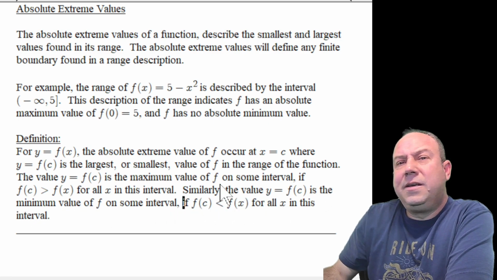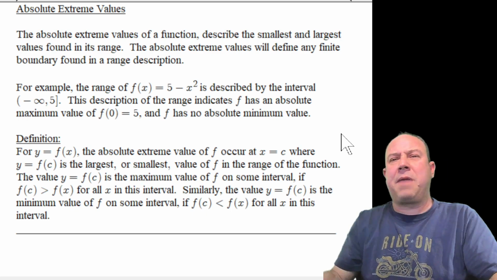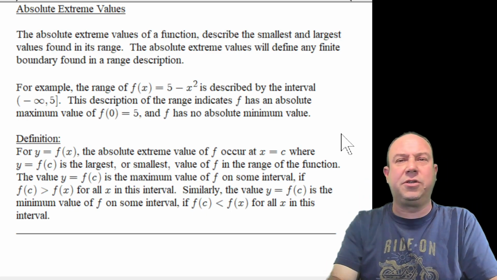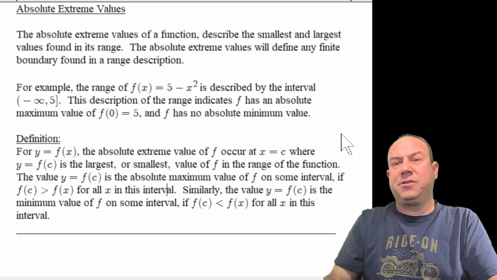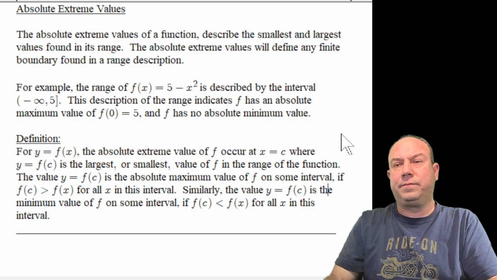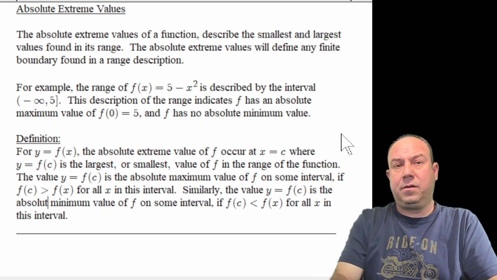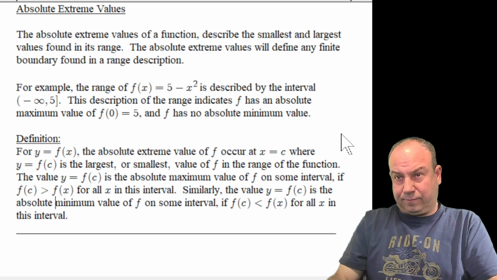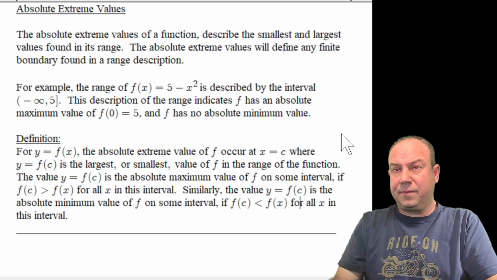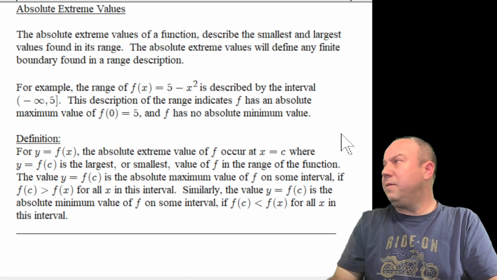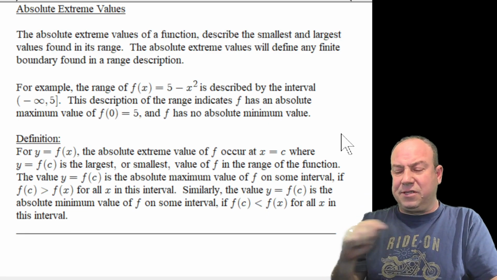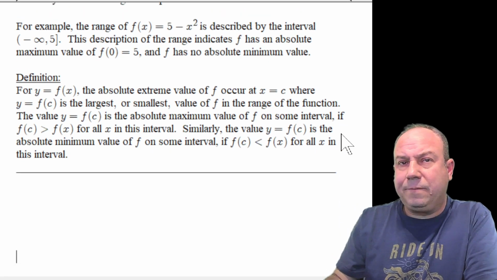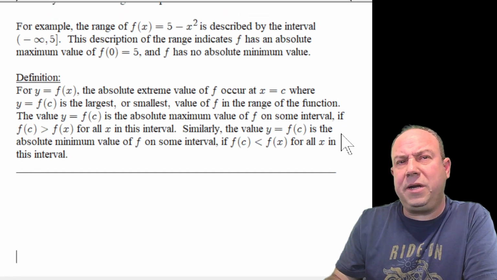And I don't know why I'm just saying maximum or minimum here. I probably should say absolute along with that. Absolute maximum value and absolute minimum value. That's how we formally define our absolute extreme values.